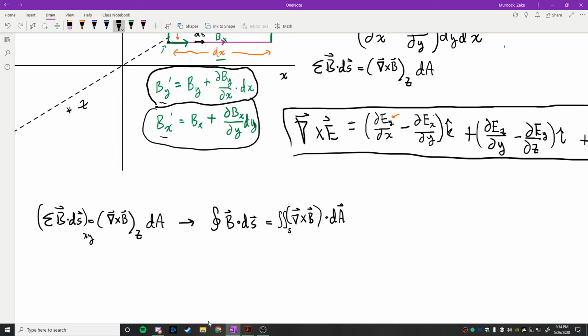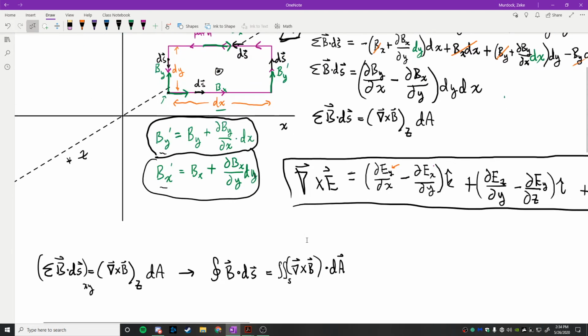Because if you think about what dA represents, dA is basically a vector, which in our picture would have been coming out of the page, right? And that's why, since you get the z component here that's parallel to dA, you can think, well, the curl z dA, that's a scalar. If I want to turn this into a full, proper thing, I must have to do some kind of dot product then, right?